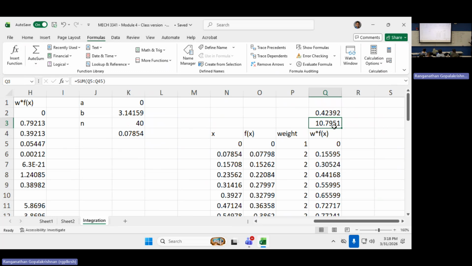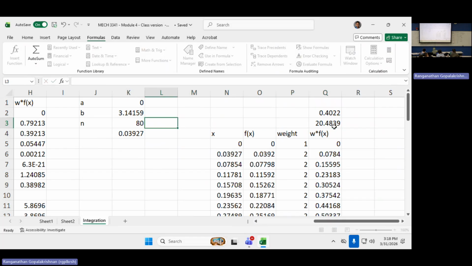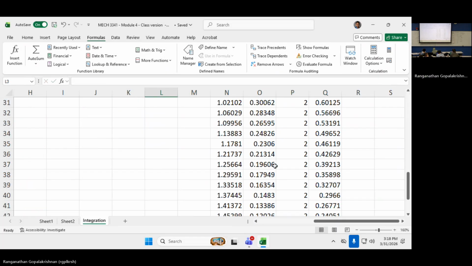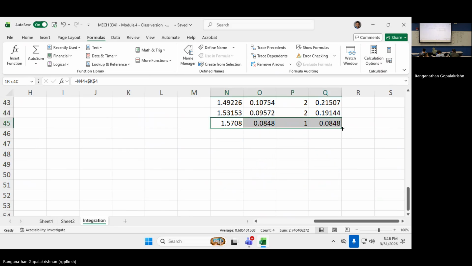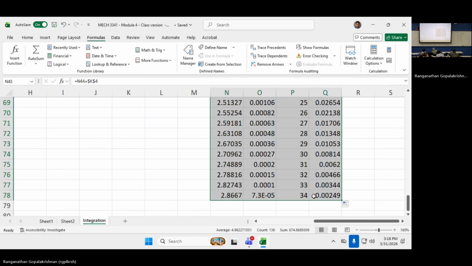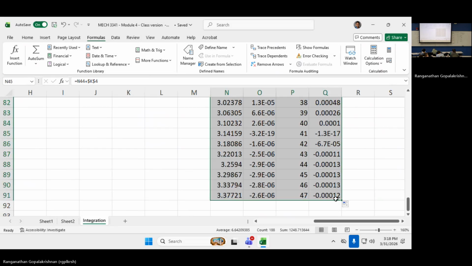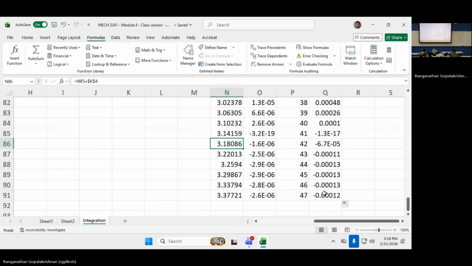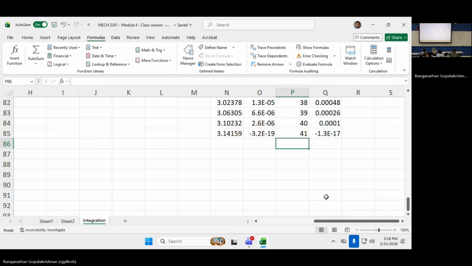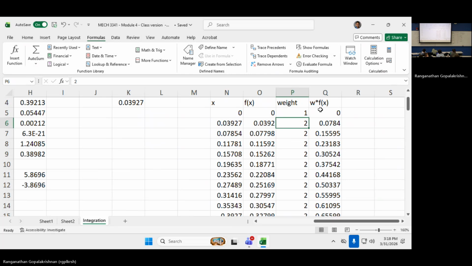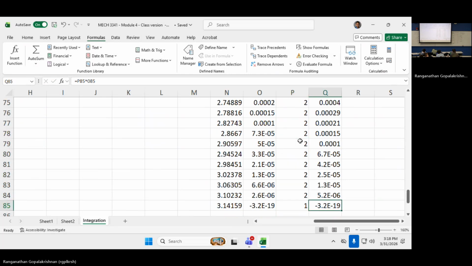Okay. So I'm going to do one more though. I'm going to do up to 80 and still populate a value, because there is still something that we can get out of this. So 80. Okay.